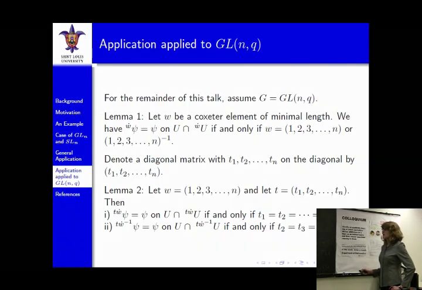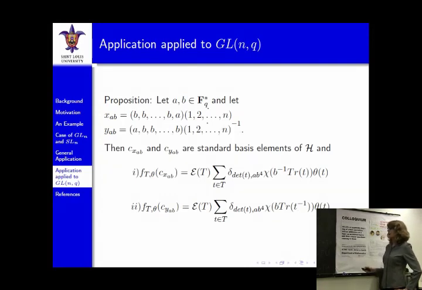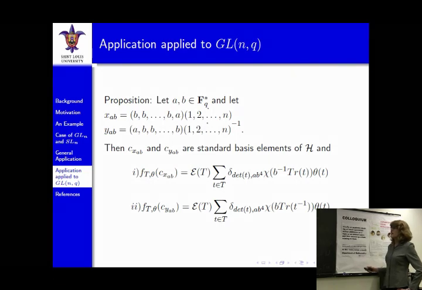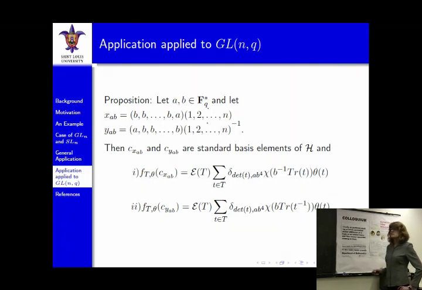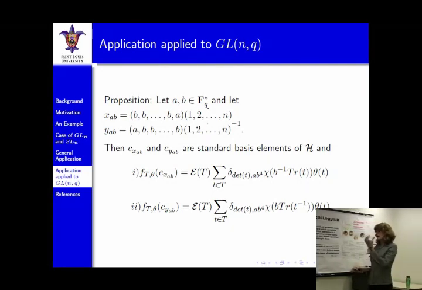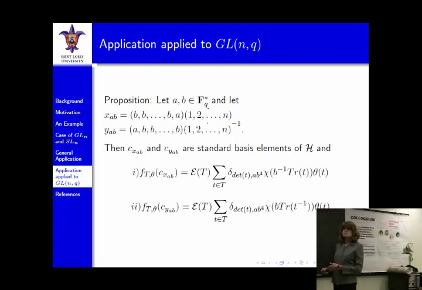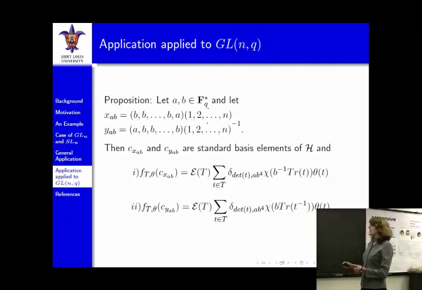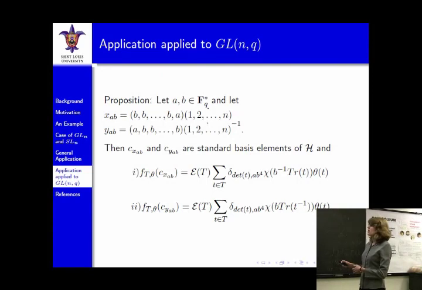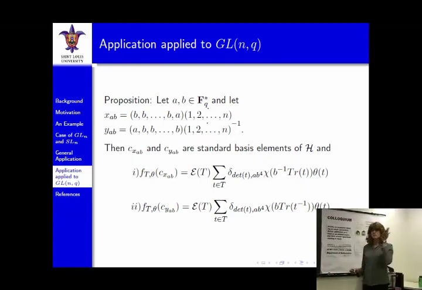And we get that these X_{AB} and Y_{AB} can now be used to construct basis elements for a Hecke algebra that will then correspond to Bruhat cells that contain only regular elements. And here A and B can be anything in F_q star. The star means I'm throwing out 0, which of course I have to do because I want my matrix invertible.